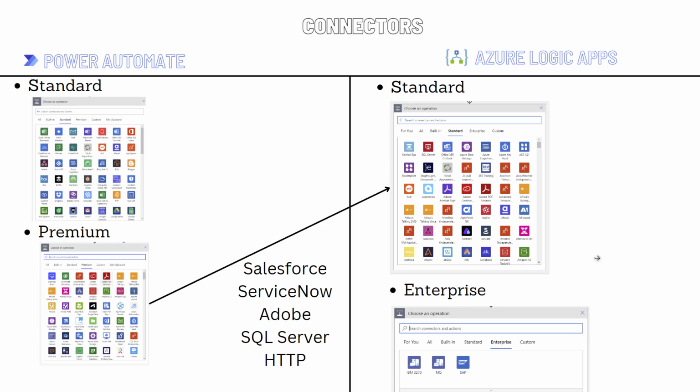Although looking at the pricing calculator, it looks like they're now the same cost. But these are what's considered enterprise. Sometimes people think premium in Power Automate means enterprise in Logic Apps, which isn't quite the case. But I just thought I would explain this nuance here.